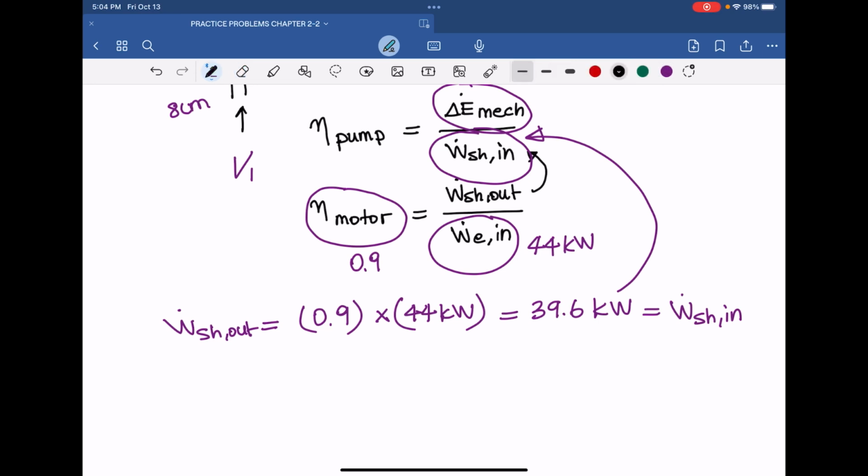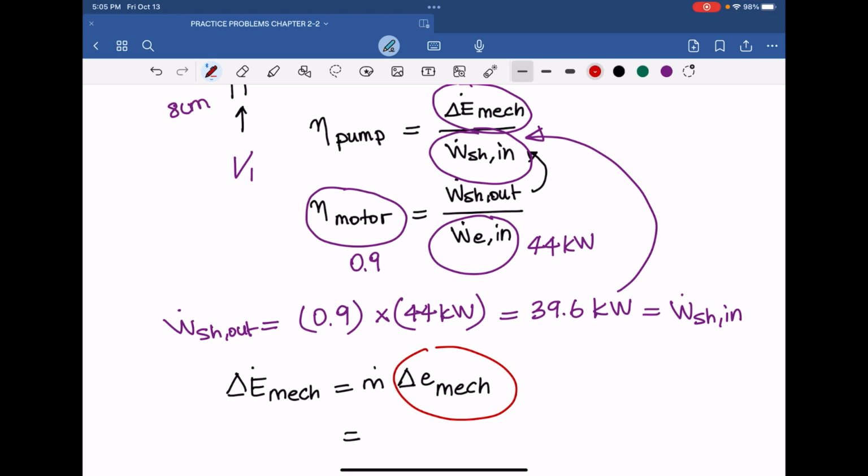Okay, so here we say the rate of mechanical energy change is equal to mass flow rate times the rate of mechanical energy change per unit mass. And of course, we know this term is equal to the change in the flow energy, change in the kinetic, change in the potential energy.